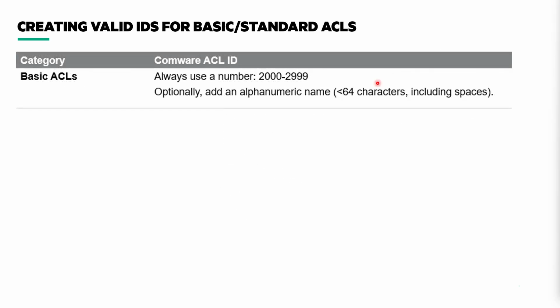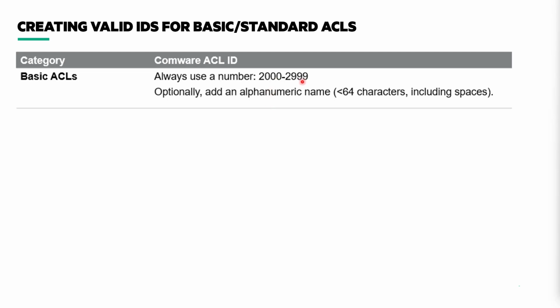Now in terms of the basic access control list, or standard access control list, they have number ranges from 2000 to 2999, and that's a range of numbers or IDs. You can also give a name to the access control list, maybe it makes more sense.